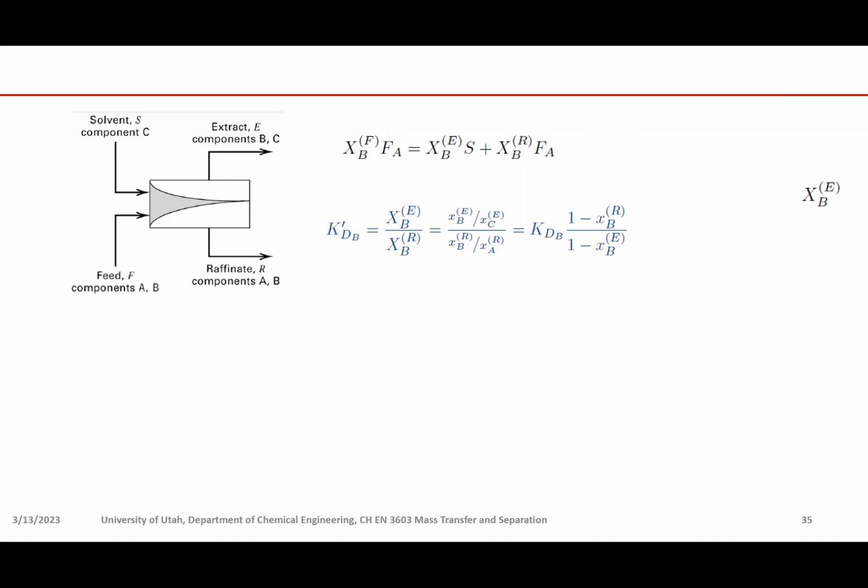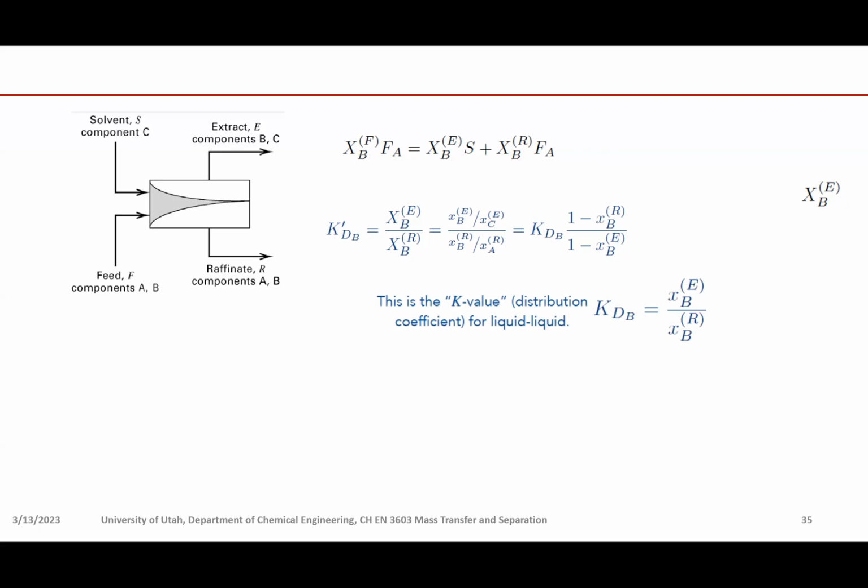We can define XBE by XBR as a so-called partition coefficient, because that means the mole ratio of B in the extract over the mole ratio of B in the raffinate stream. Then we plug in the definitions for capital XB, capital XBE and capital XBR, which gives us this, and we can simplify further.